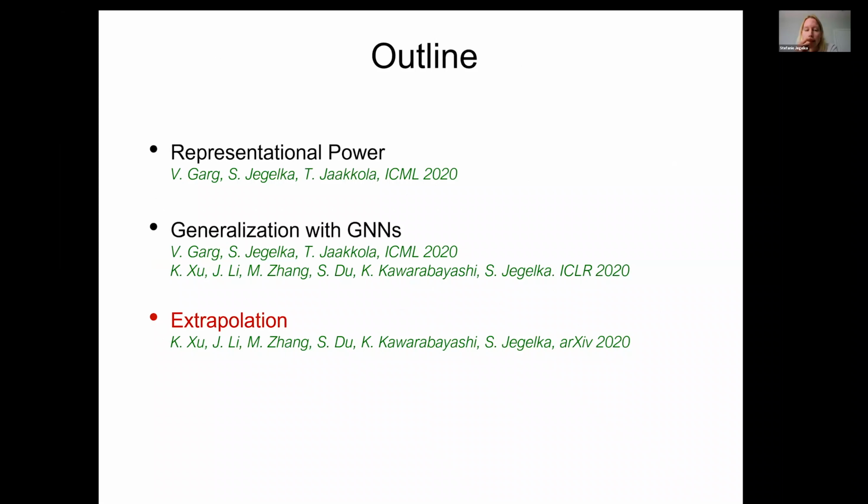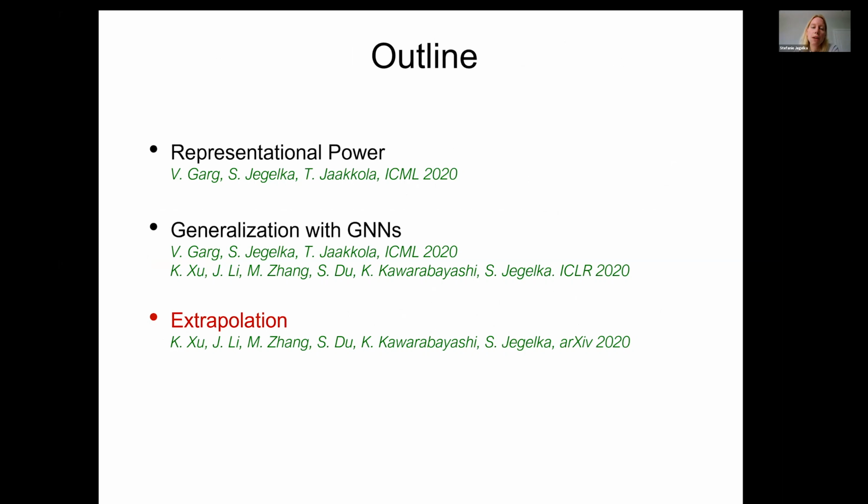So now in the last few minutes, I would like to go from generalization within data to generalization going beyond the training data that we've actually seen. And I would like to focus on the case of graph neural networks again. So why is this relevant?